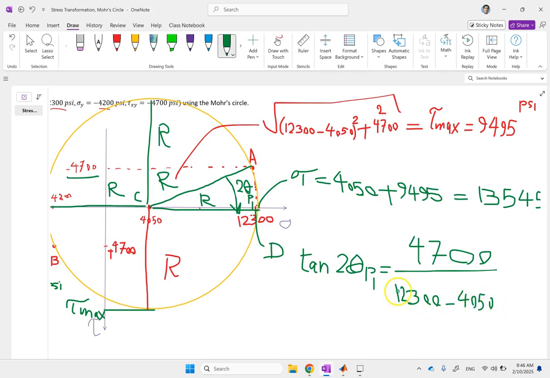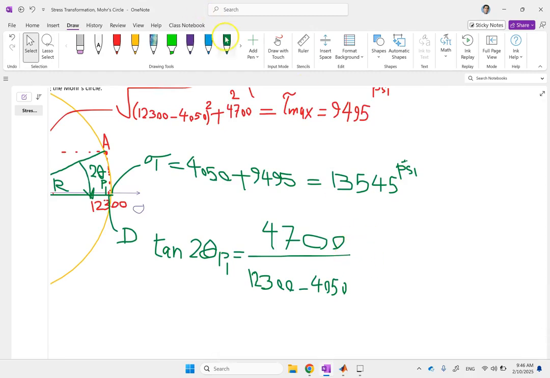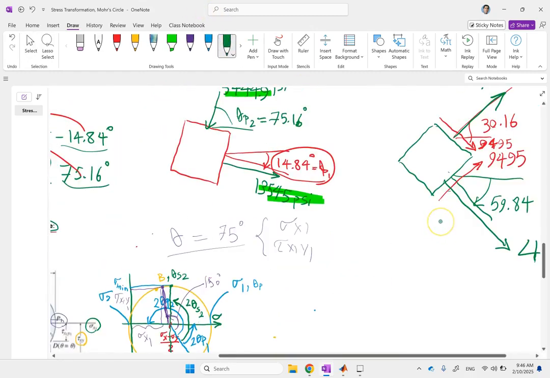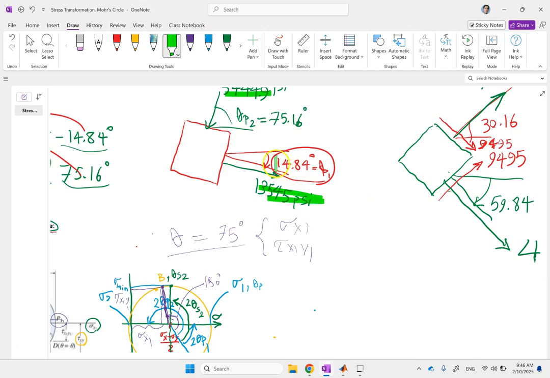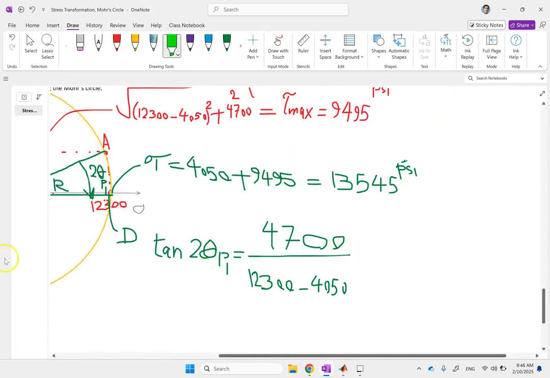And again, if you use your calculator and find this angle, clearly you're going to see that it is going to be that same 14 degrees that we found, right? This one. But since it's clockwise, clearly the angle is going to be negative, right? So let's just do this one with calculator as well for you.